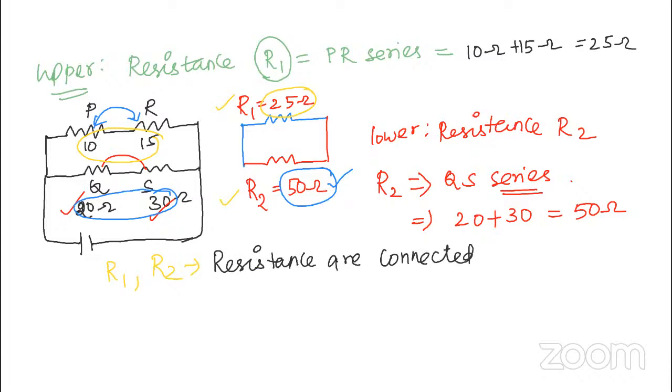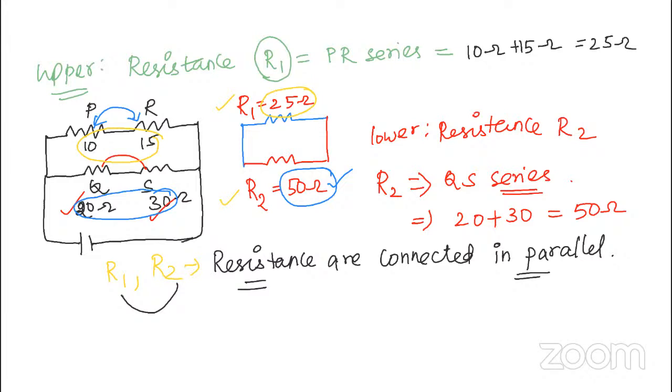Connected in parallel, so for parallel we have the formula. Right? So we substitute that formula and calculate the final net resistance value. Okay, so the net resistance is calculated by taking the resistances R1 and R2.